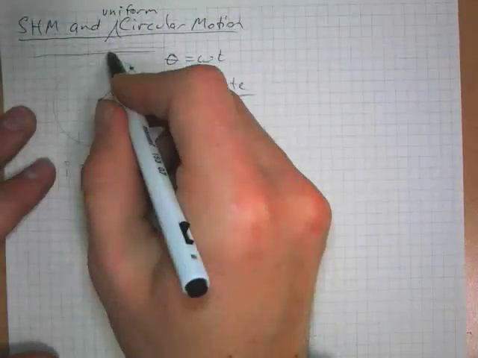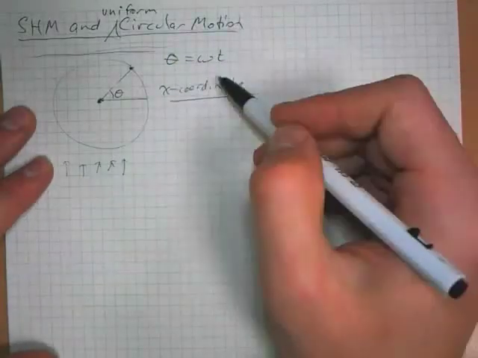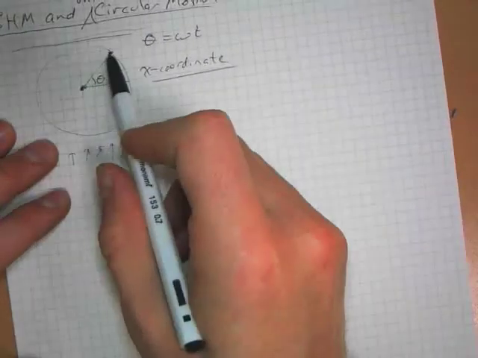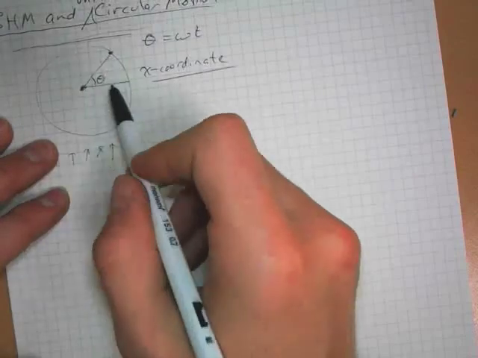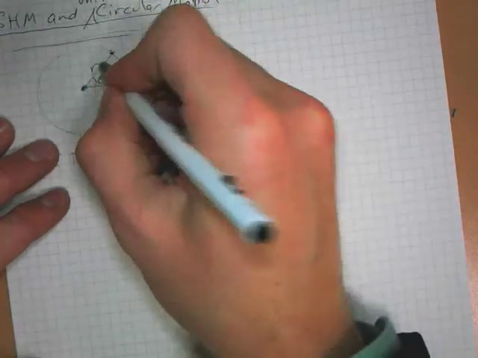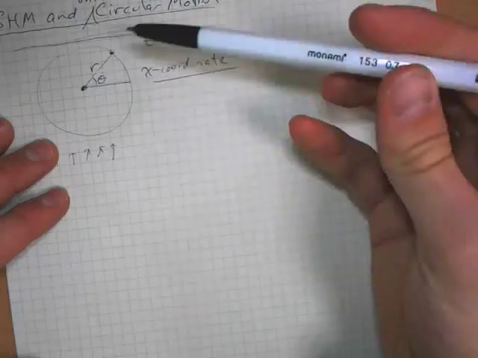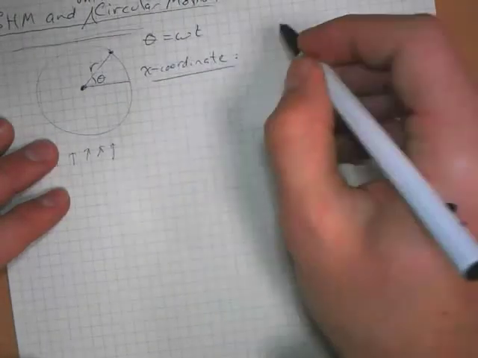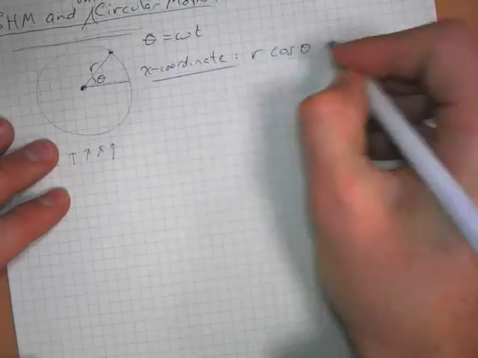Up here. It's the same thing as just thinking about the x-coordinate of this point on the circle. Well, using simple trig, we've got the radius of our circle here, and so the x-coordinate of our point on the circle is just r cosine theta.